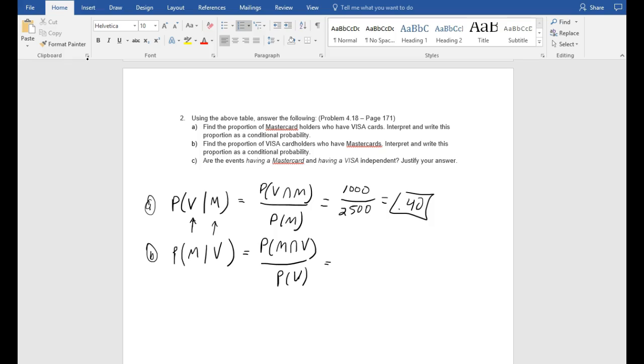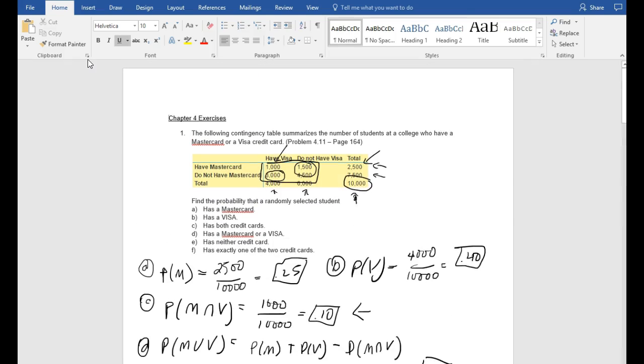That's going to be 1,000, because M and V is the same as V and M. So it's the same 1,000 over the number of people who have Visa cards. We scroll back up, and the number of people who have Visa cards are right here.